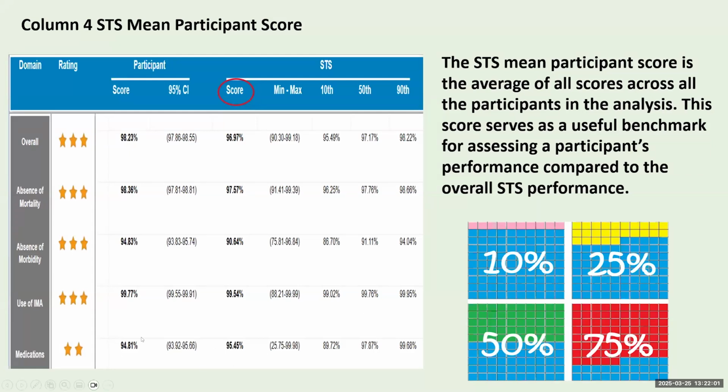Because this participant score is 94.81. The STS is 95.54. So you're lower than the STS. But if you look at your credible interval here, the STS score is included in your score. So you would be 2 stars.